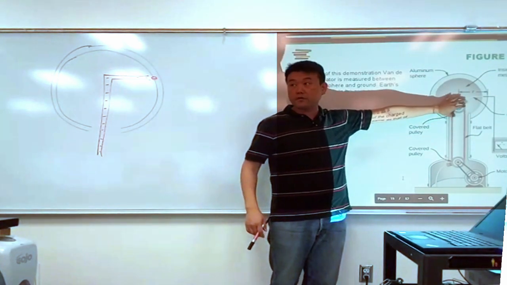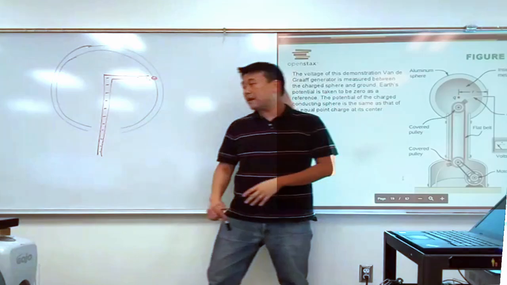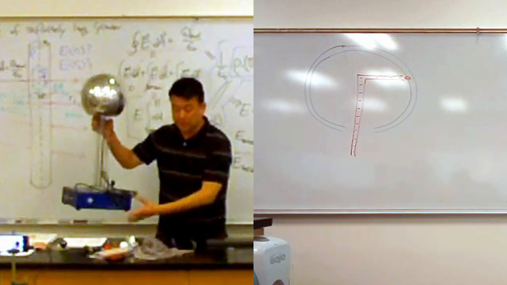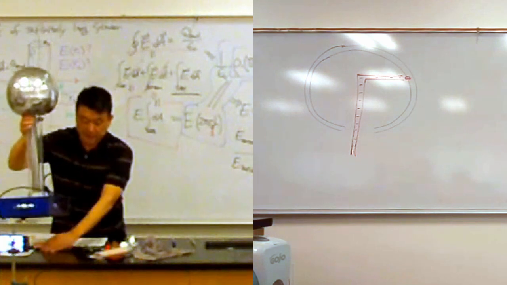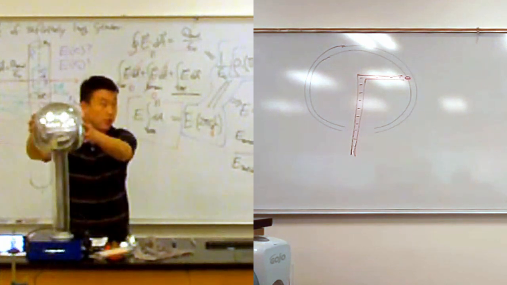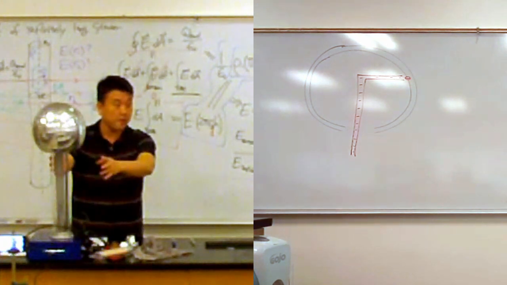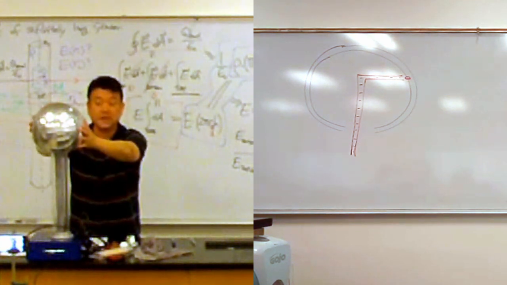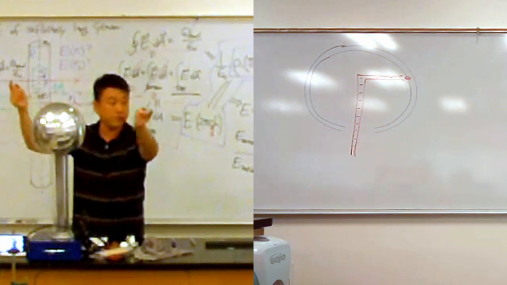So with the Van de Graaff generator, what limits the amount of charge on it? It's not the electrostatic repulsion between the charge you are bringing up and the charge that's already here. What limits the amount of charge here is actually how much charge is leaking through the air.